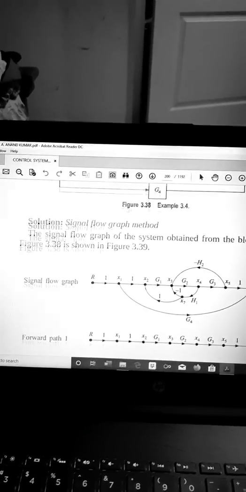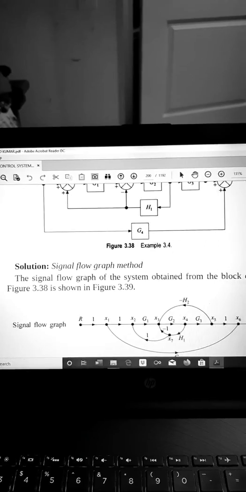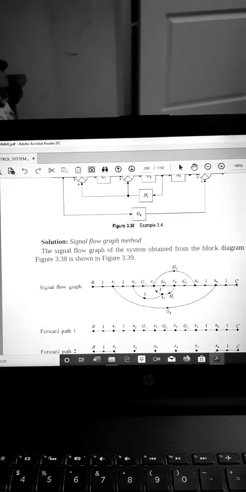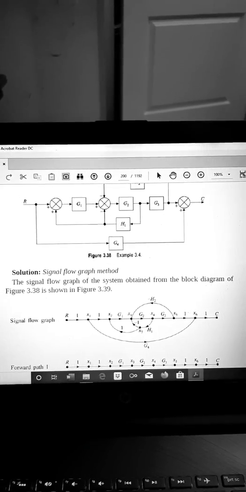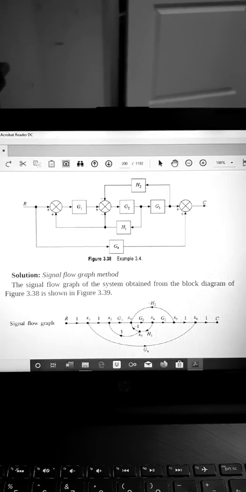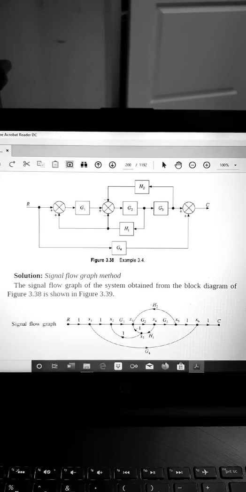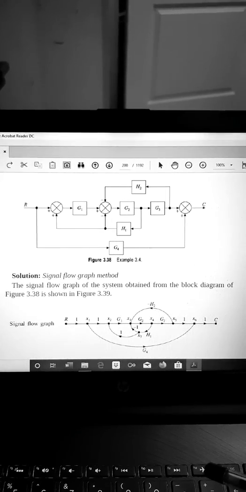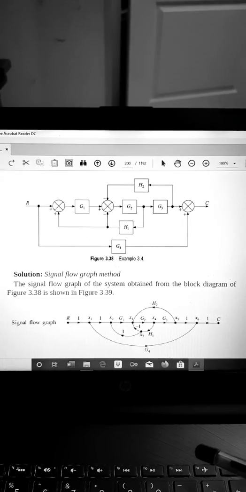So wherever, you have to be very careful when you do it. Now, concentrate here. See here there is a branch.